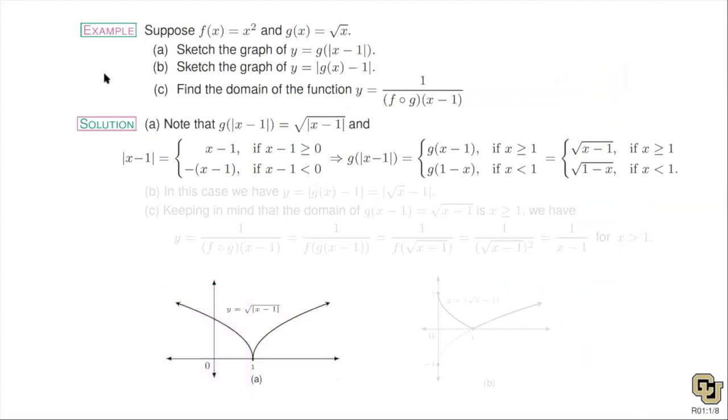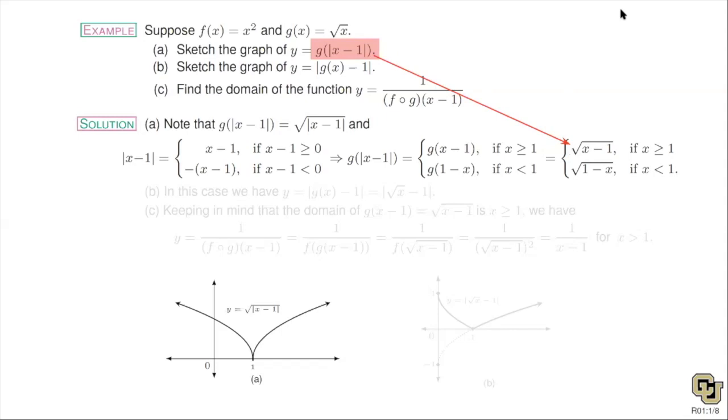For me personally, the key to being able to do this problem is I have to be able to rewrite this expression in this form, being able to decode the notation and unwrap the notation and get down to a piecewise defined function where I can clearly see, aha, if x is bigger than or equal to 1, this is what the function looks like.